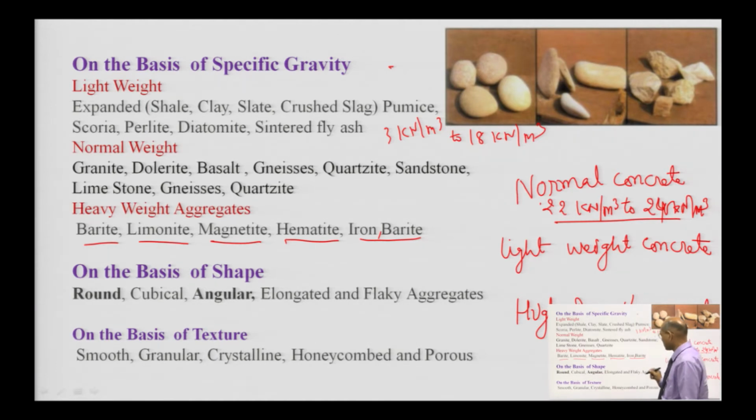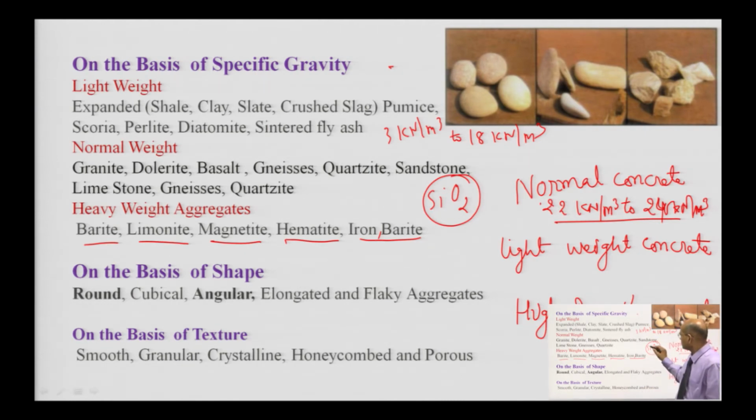Suppose we have quartzite, where silica oxide is present in free form. This mineral is very important. If the aggregate has SiO2, that type of rock will have very good engineering properties. They are very hard, and density is also good.